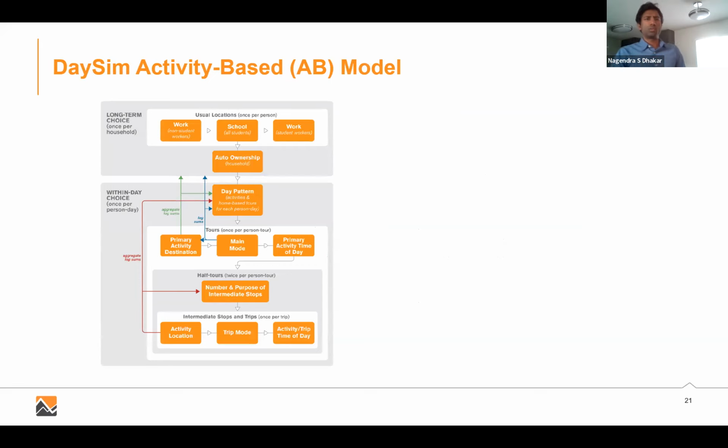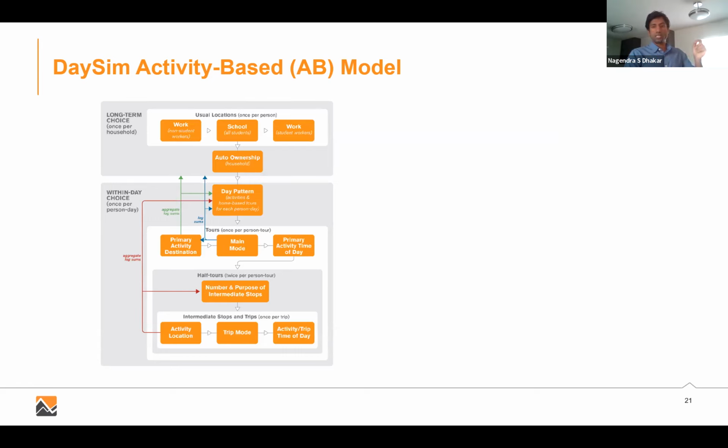Before I go more into the actual calibration and validation process that we typically use, I also want to briefly introduce the DaySim activity-based model, which is what I'm mainly going to talk about for my calibration process. Here is a simple flow diagram of the different model components we have in DaySim. You can categorize those in two sets.